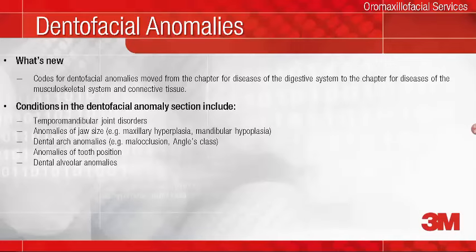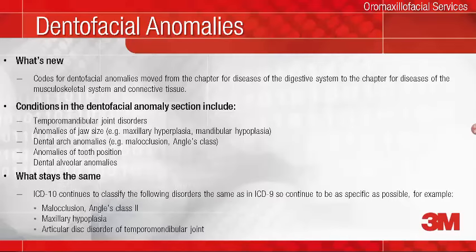The conditions in this section include temporomandibular joint disorders and anomalies of jaw size, dental arch, tooth position, and dental alveolus. Like ICD-9, ICD-10 classifies these disorders the same, so continue to be as specific in your documentation of these conditions as you are now, which will ensure correct ICD-10 code assignment.